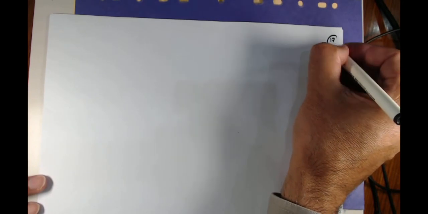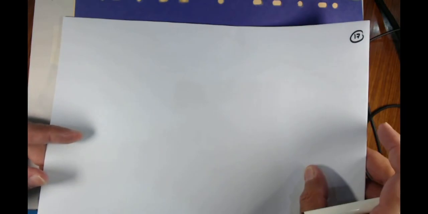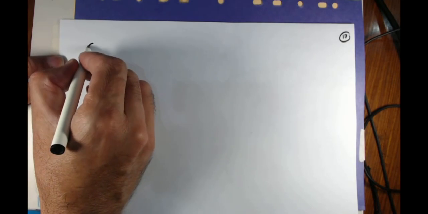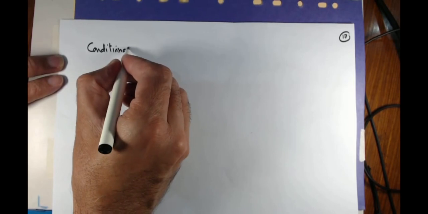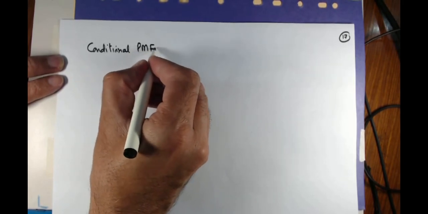Now we'll move on to see another case about when you have one full random variable as a conditioning event, and then you want to find the distribution of another random variable given that a random variable has occurred, which means conditional PMF.